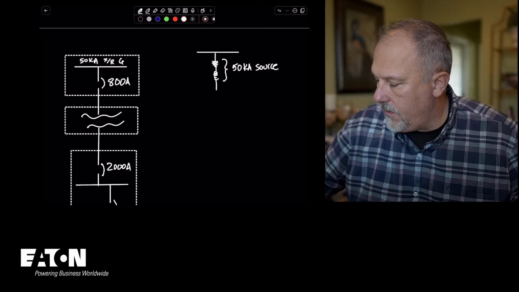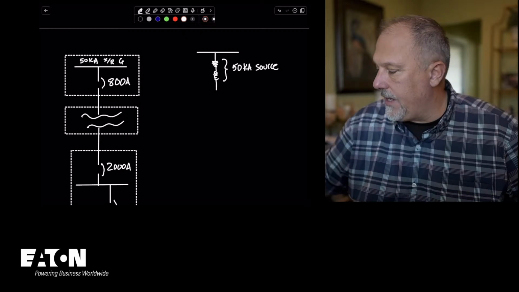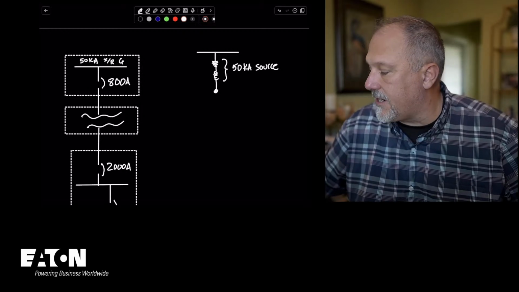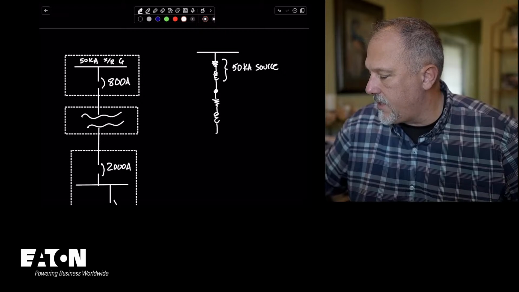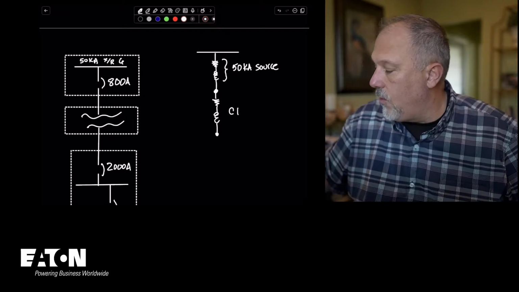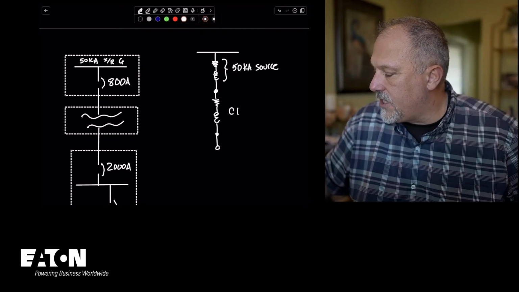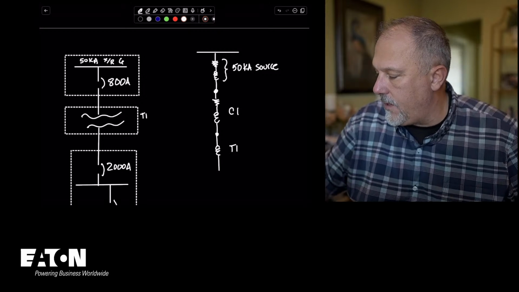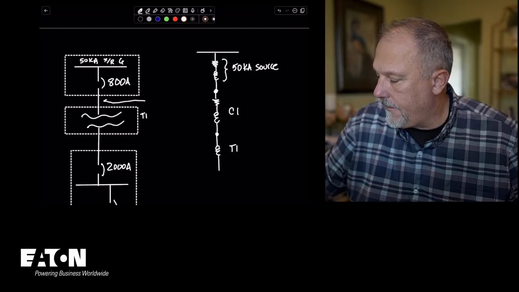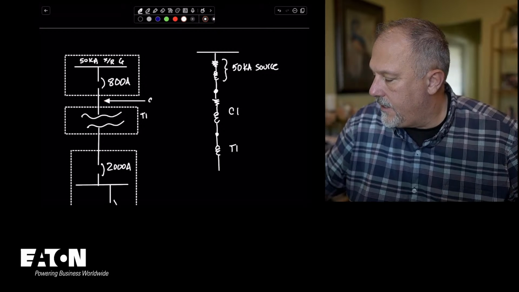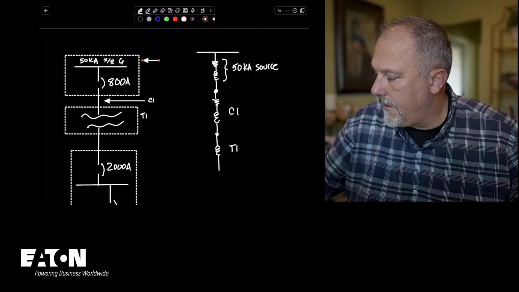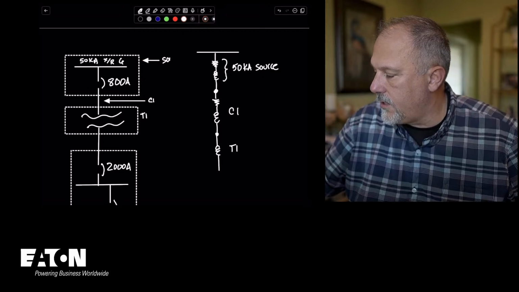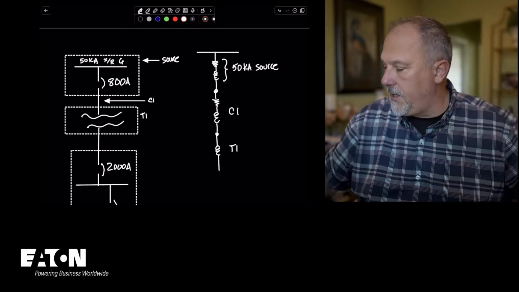So let me know if you don't like the 50 kA. All right, so the next one is the conductor, and that's going to have a resistance and an inductance. So this will be C1. And then the next one is just going to be an inductance, and this will be T1. The source, that'd be the upstream.